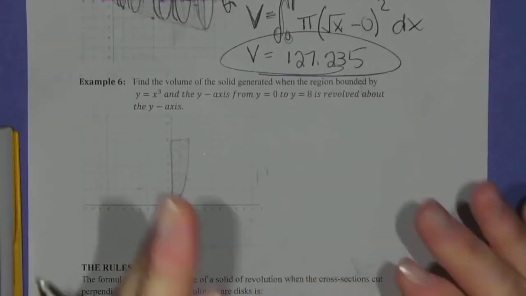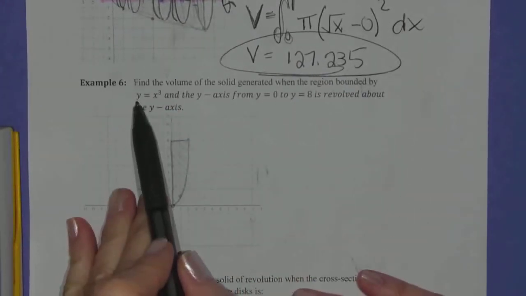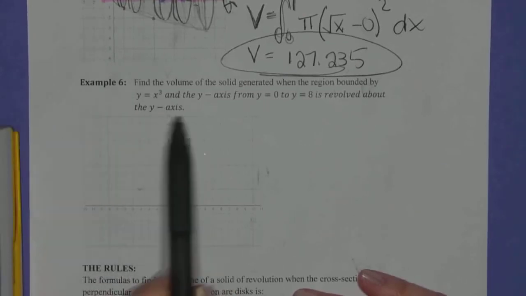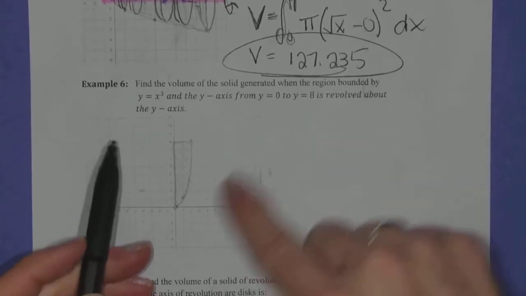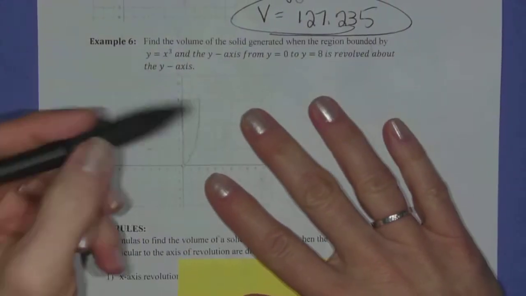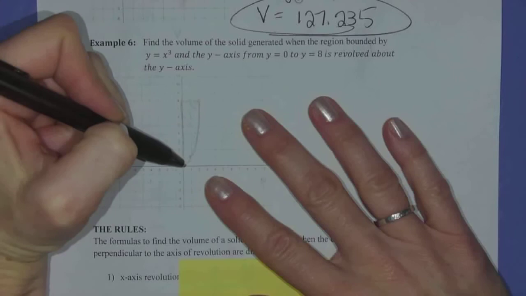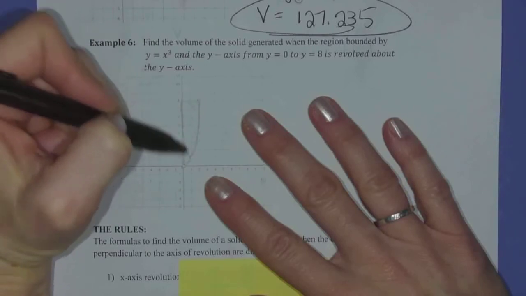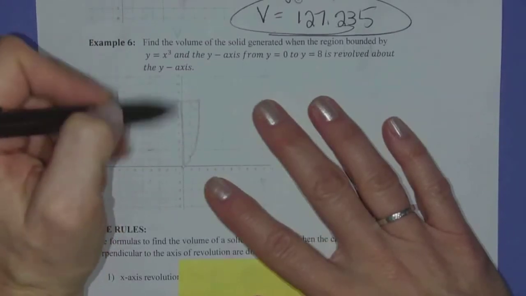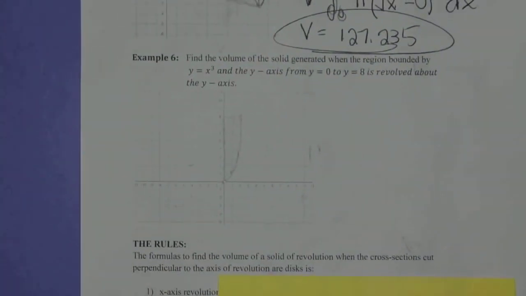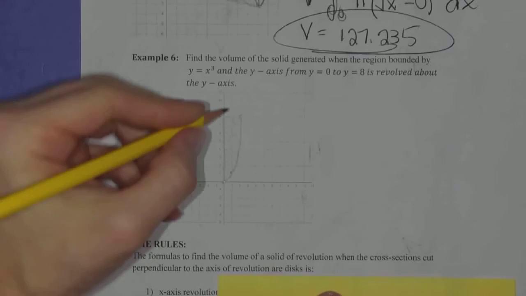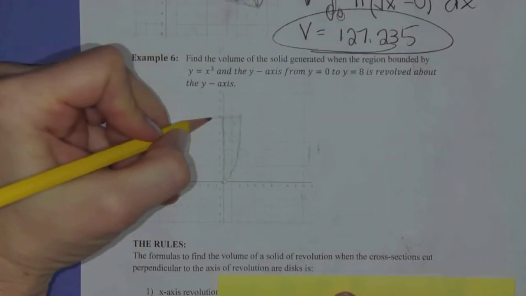Again, finding a volume, this time bounded by y equals x cubed, the y-axis, from y equals 0 to 8. So you see I have that ready to go. I've got x cubed right here. I plotted a couple points, 0 to 8 on the y-axis. So there you have it, right here. If I mimic that across the y-axis, it's going to look like this.